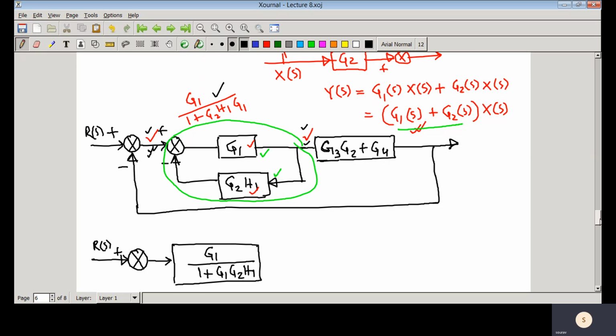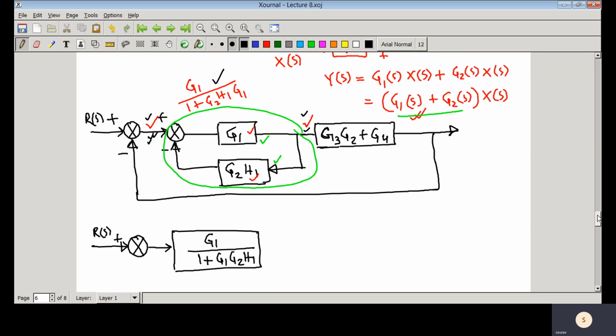As they are single input single output, there is no problem if you write G2 H1 G1 equal to G1 G2 H1. So from this particular point to that point, the transfer function is this.